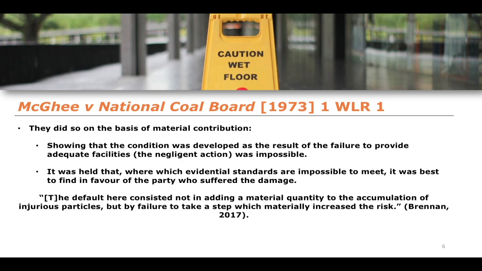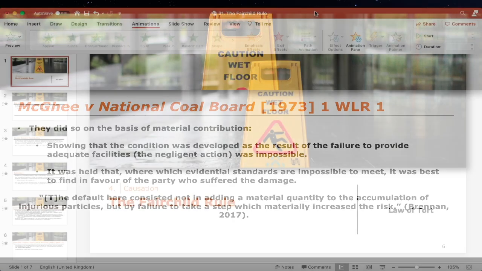And so the result here is that the default consisted not in adding a material quantity of accumulation to injurious particles, but the failure to take a step which materially increased the risk. So because there was a material increase in the risk of damage that was caused, this is really where a claim can be made on the basis of material contribution.